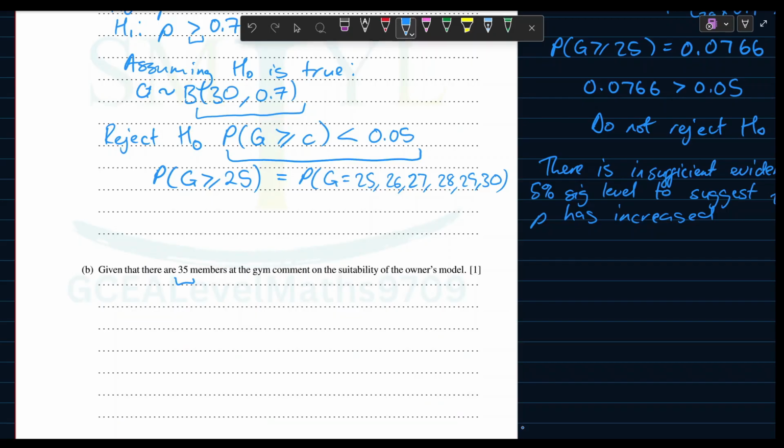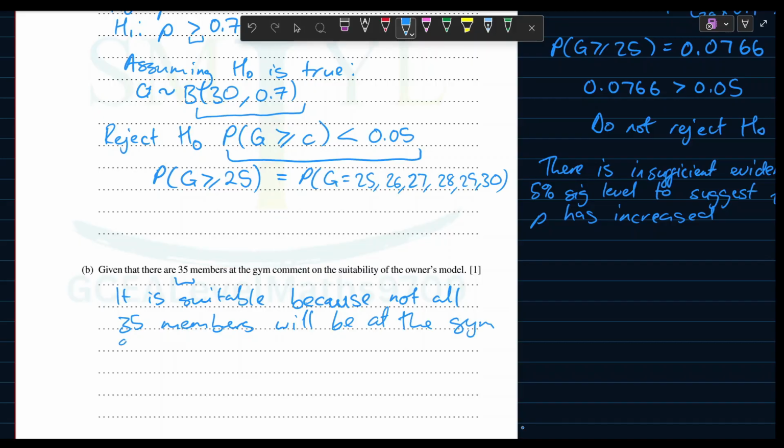So in this case, I will go with it is suitable, because not all 35 members will be at the gym on any given day.